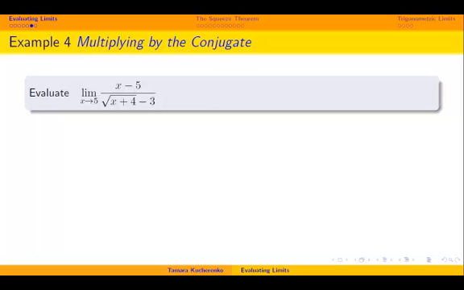Example number 4 illustrates the same technique of multiplying by the conjugate. We need to evaluate the limit as x tends to 5 of (x - 5) divided by (square root of x + 4, minus 3).